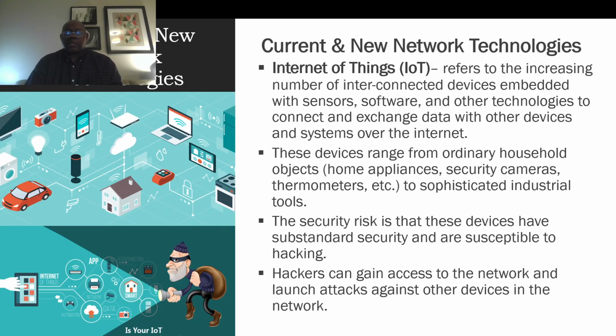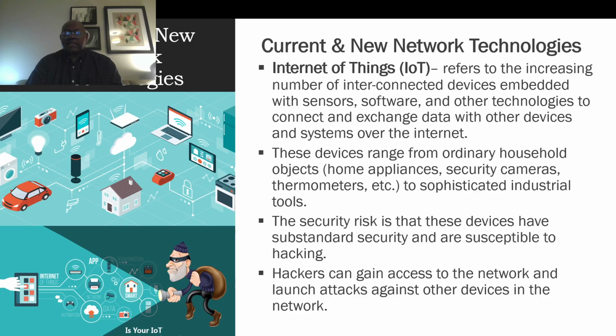Our current technology is the Internet of Things. IoT refers to the increasing number of interconnected devices embedded with sensors, software, and other technologies to connect and exchange data with other devices and systems over the internet.